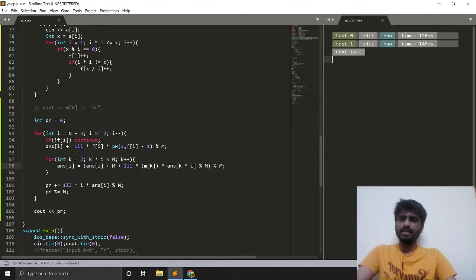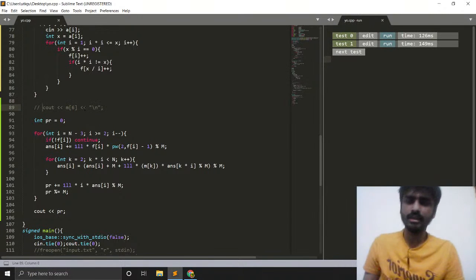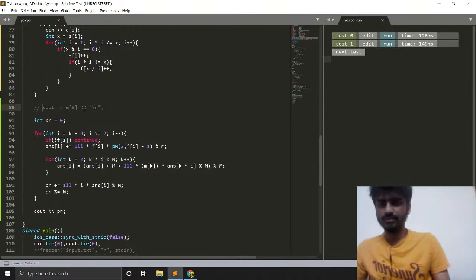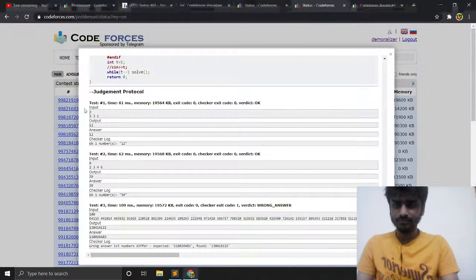I'm doing the exact same thing that was written in the editorial. This is right, actually for 6 it should be positive because we'll subtract 2 and 3 and then we will add 6. So that's fine.